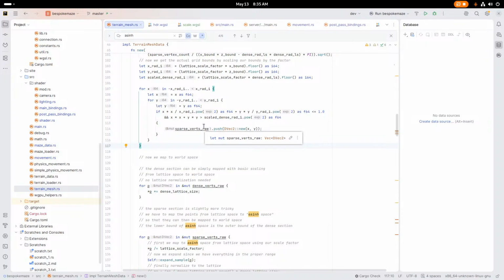Yeah, okay. So what is it just along an axis?